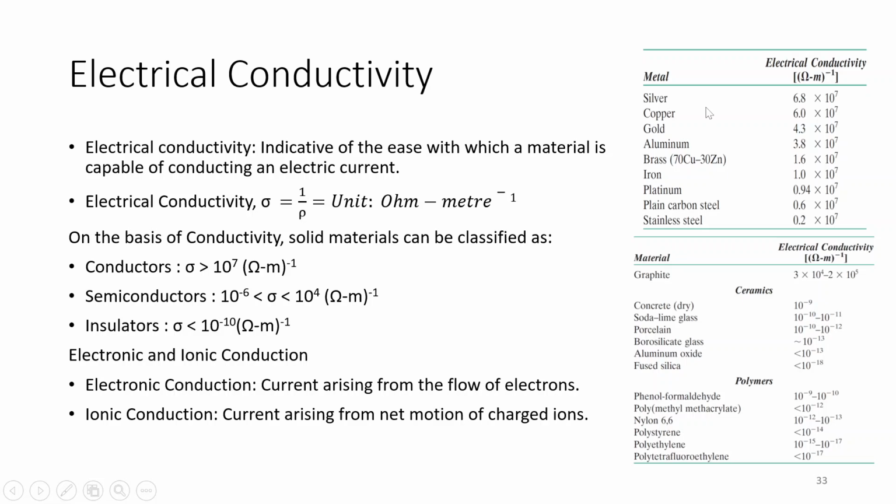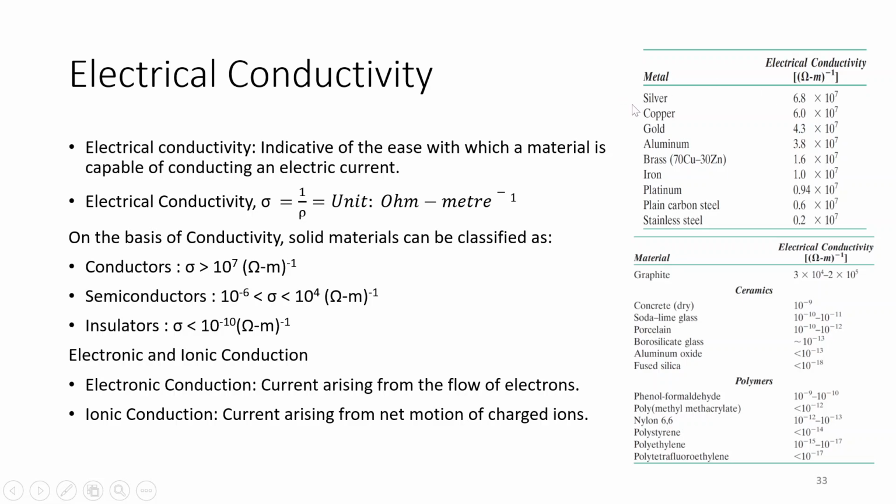These are various materials. In the case of metals, ceramics and polymers, these are the electrical conductivities. Electrical conductivity is in the range of 10 to the power 7 for metals, for polymers it is 10 to the power minus 10, minus 13, even minus 17, and for ceramics it is 10 to the power minus 13 to 10 to the power minus 9.